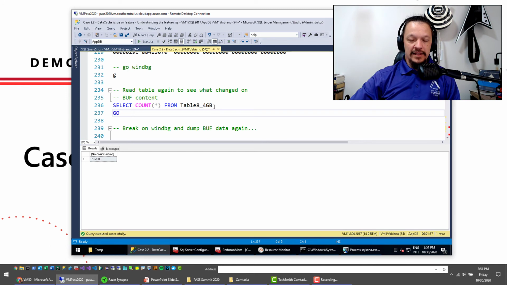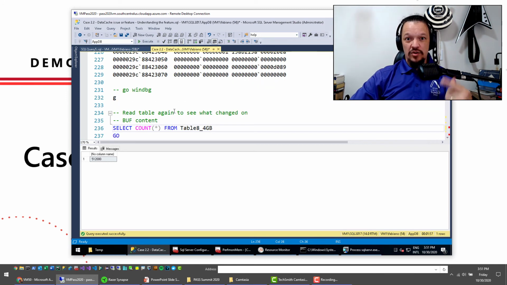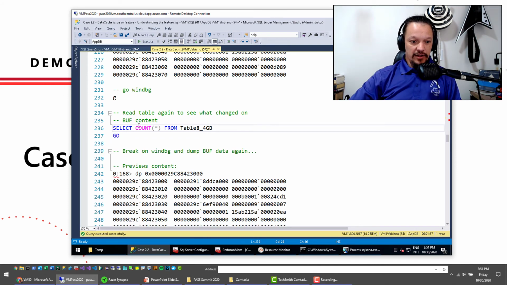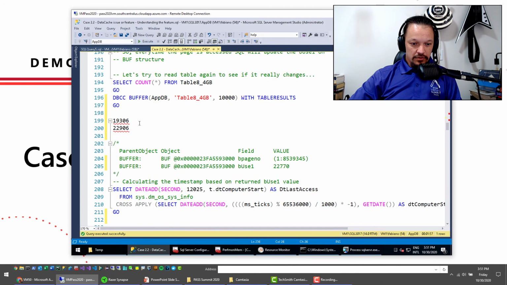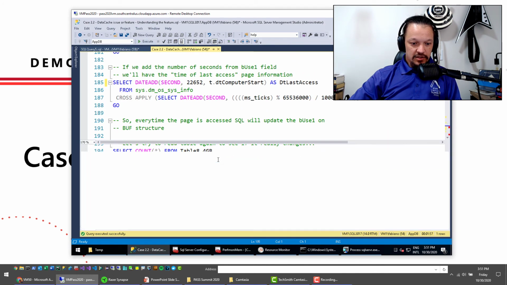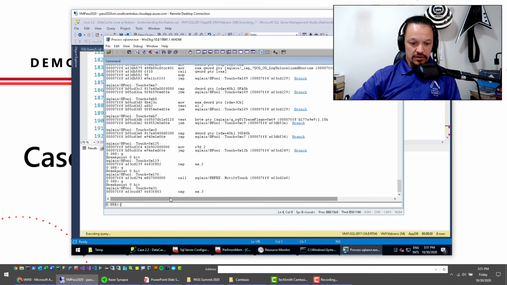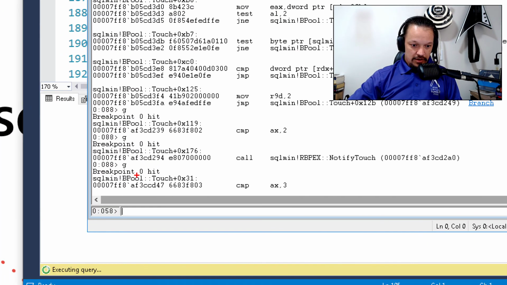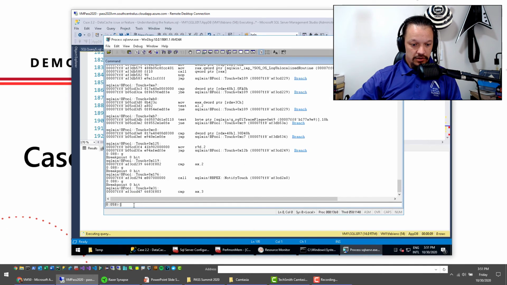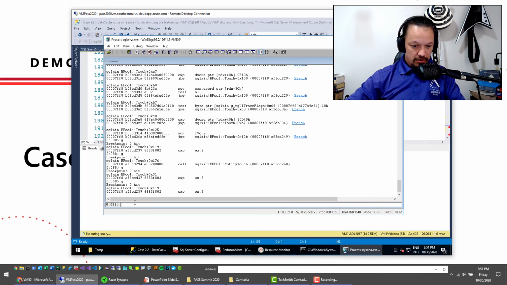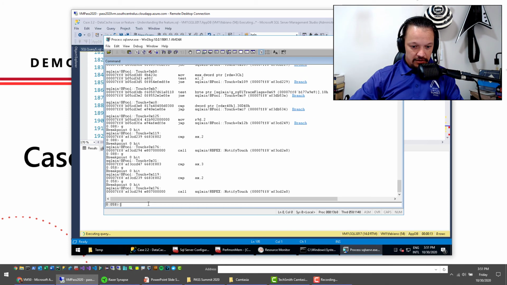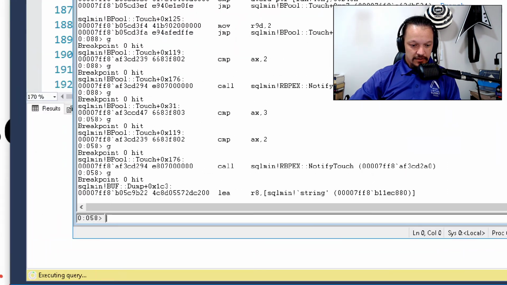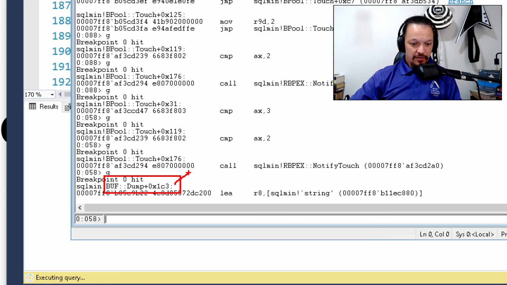Let's see in the case of the DBCC that I mentioned, that it is going to call a dump. Let's call this again. It broke on the touch as well. Let me go. Touch again, and here it is dumping the value for me.